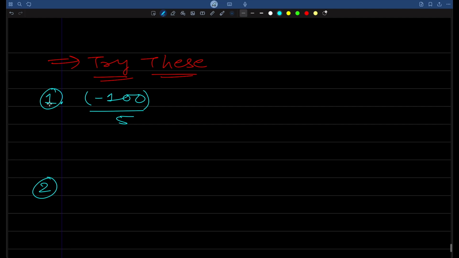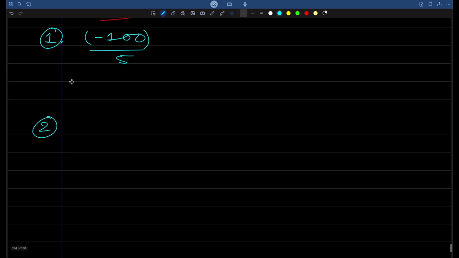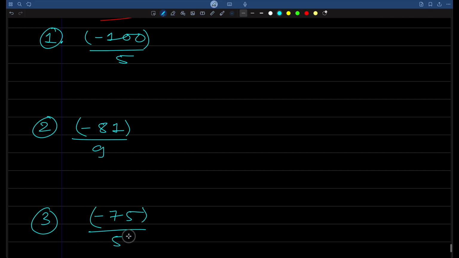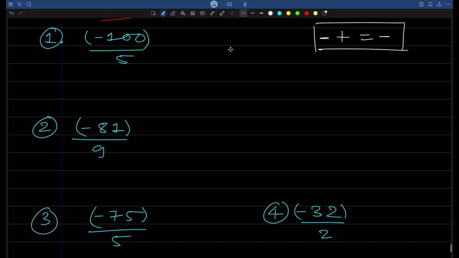Second, minus 81 divided by 9. And third, minus 75 divided by 5. And fourth, minus 32 divided by 2. If we observe in these four questions, we have negative in the numerator, positive in the denominator. So we will get minus into plus as minus. So we have all the answers negative.